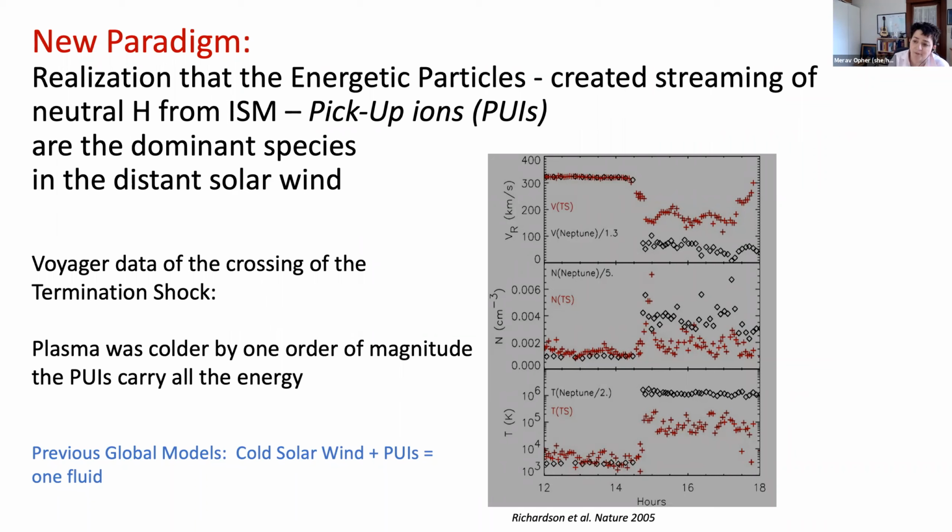When the pickup ions are formed from the streaming of the neutral hydrogen, get photoionized and carried with the solar wind, you have two components in the solar wind, a cold one that comes from the sun and a hot one, the pickup ions, that originally come from the galaxy. And because there's not a lot of collisions and not a lot of turbulence, those two components stay close to each other like two dyes. You can think about a red and a blue dye moving outwards without mixing together.